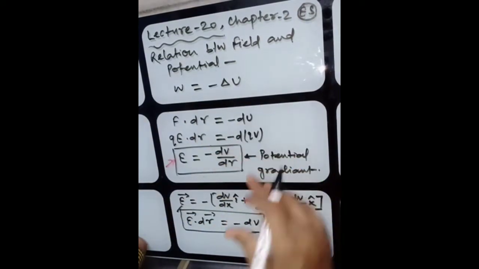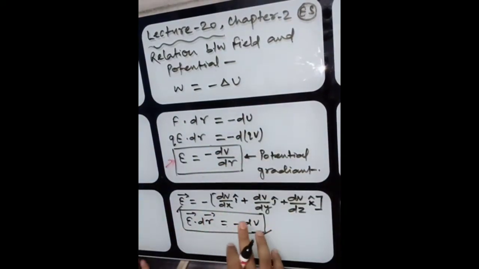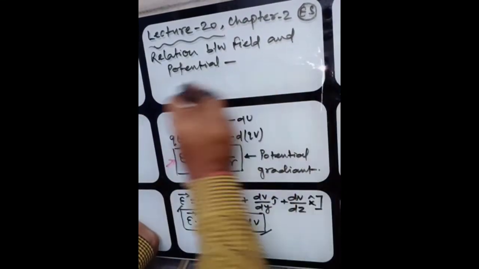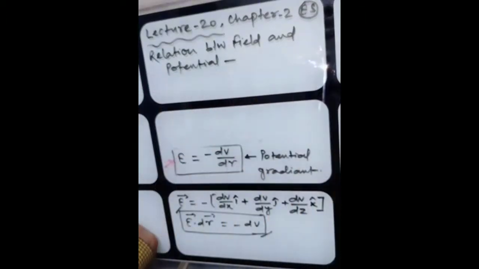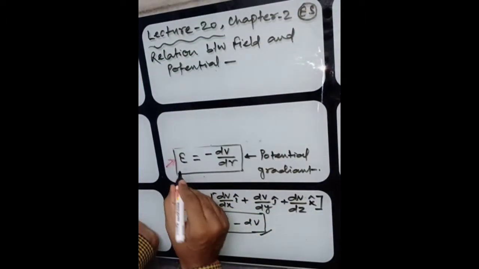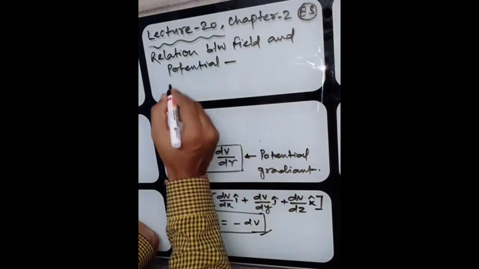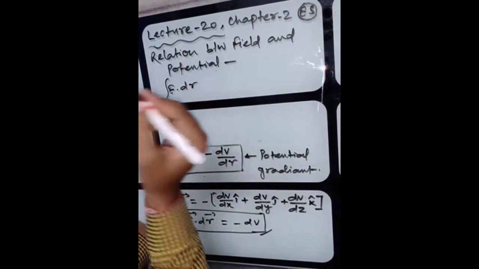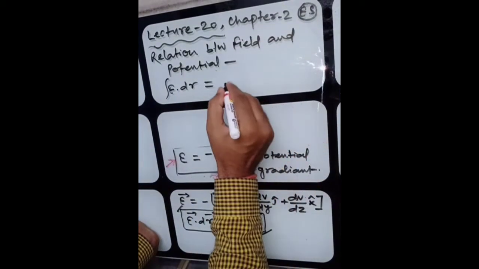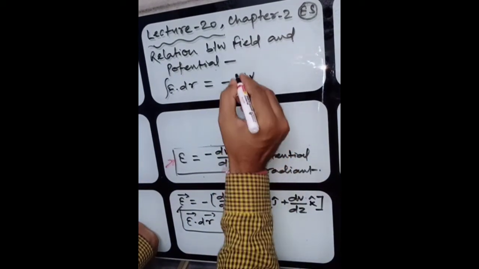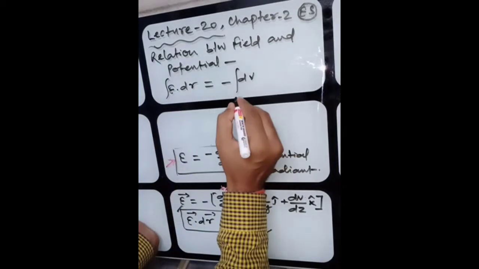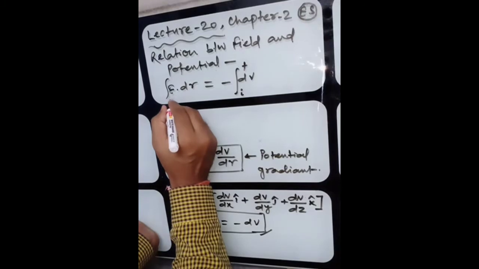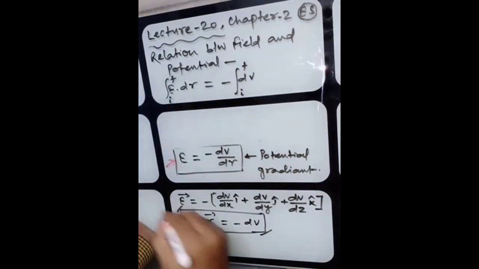Students, if you write this equation just to generalize, you can write it this way also. As we know, in mathematics we write E dot dr integrating, it is minus dV. So you are giving the limits, initial to final. Here also initial to final.